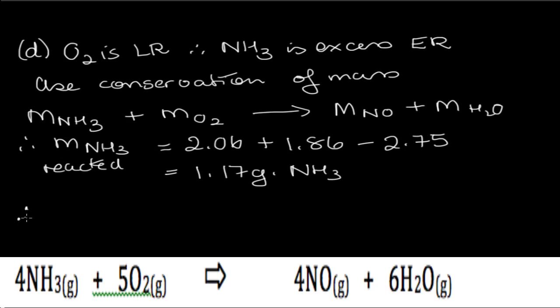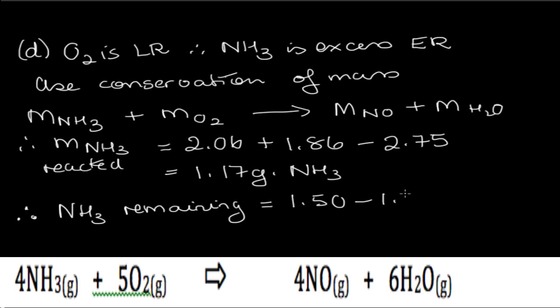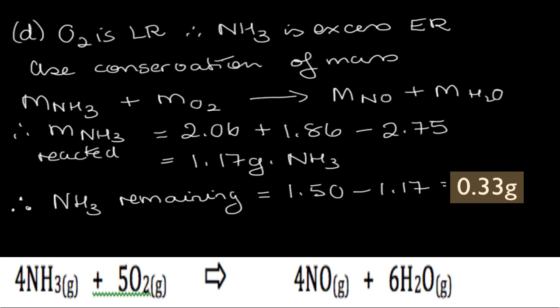So therefore, the ammonia remaining, NH3 remaining or unreacted, is equal to what was supplied, which you will recall is 1.50, subtract 1.17, and this comes to 0.33 grams.